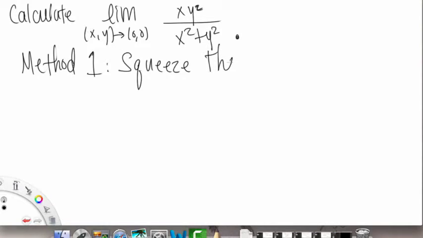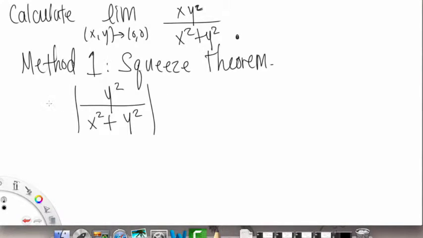So squeeze theorem. We're going to start off with the useful property that y squared over y squared plus x squared, the absolute value of this, is always going to be between 0 and 1. It could equal 0 if y and x both equal 0, right?